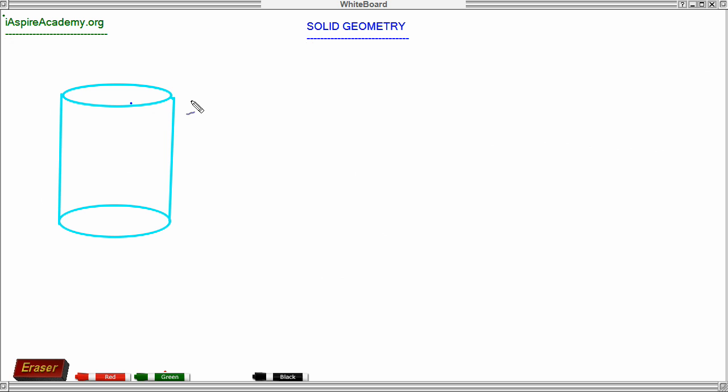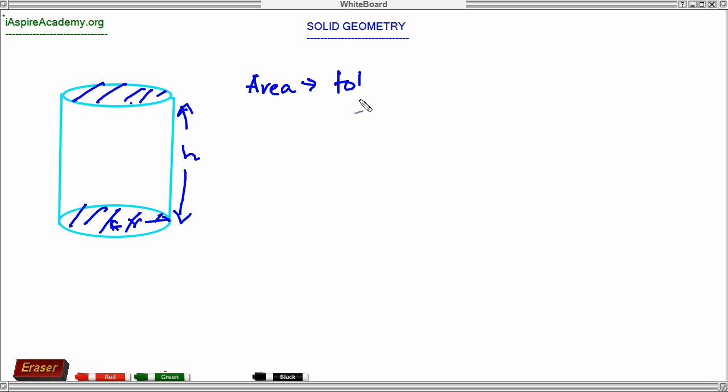Now we were discussing how to find the surface area of the cylinder, and we discussed that the top and bottom are not so difficult, because if you know the radius here, and if this is the height, the top and bottom is 2 pi r square.